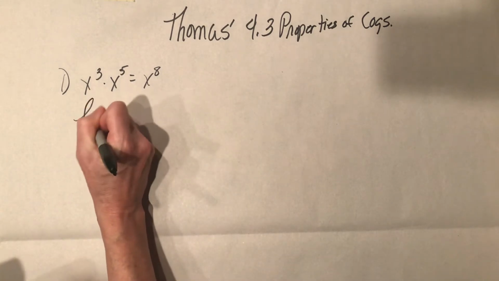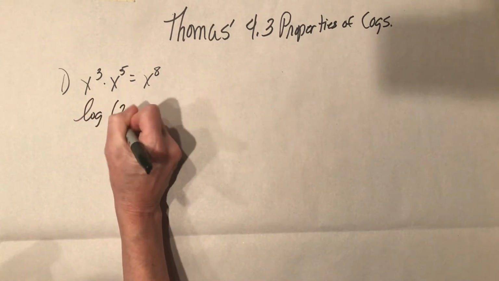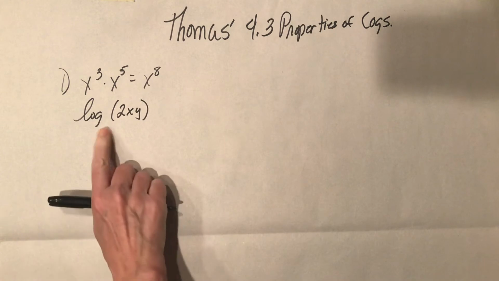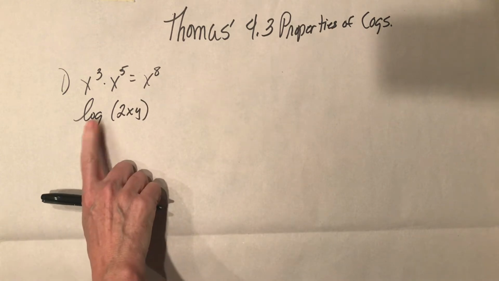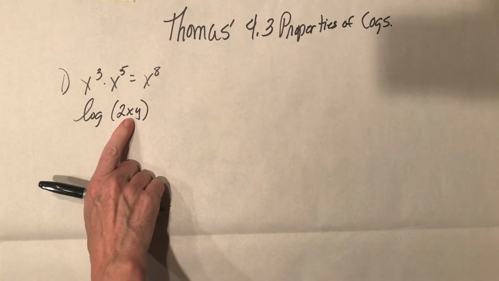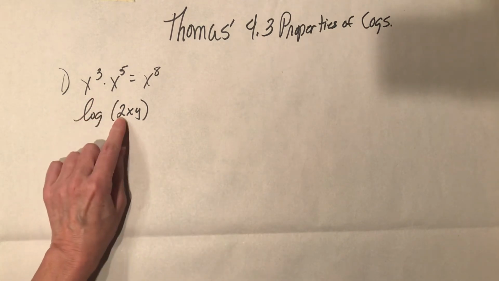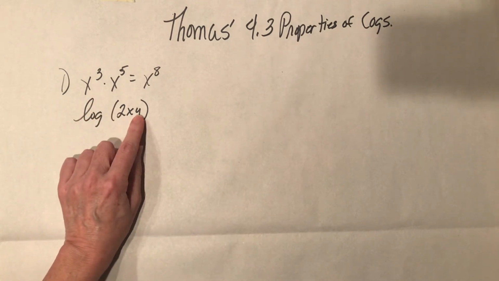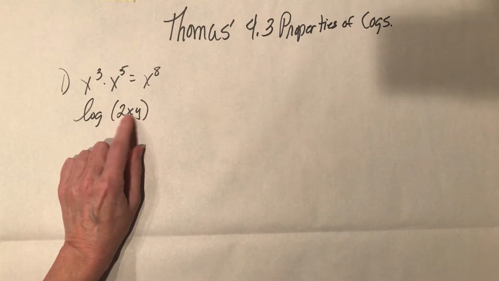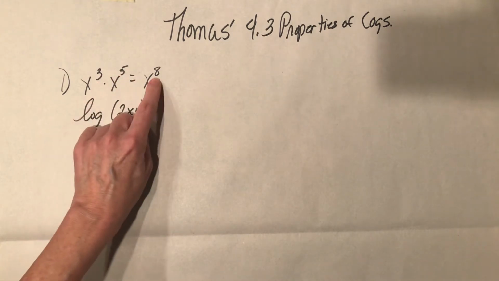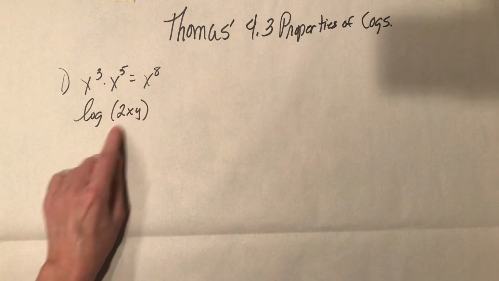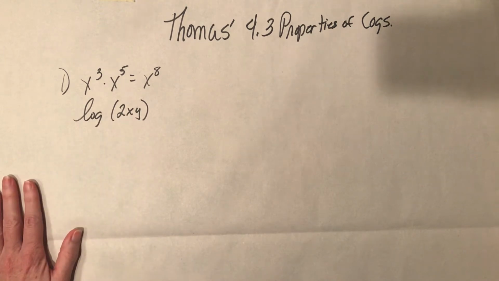So with number 1, we've got the log, and this is the common log, not that it's going to matter in these, but it's the log of 2 times x times y. So this is the log of these 3 things multiplied together. This product, just like this product we add, we will separate these out and add them.